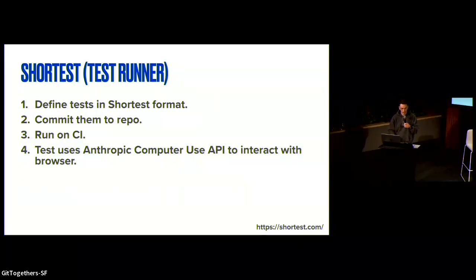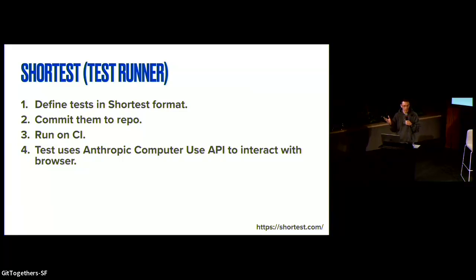So the next project is called Shortest. I think it was fairly popular at some point. And it's a different type. It's a test runner. So you would write some tests in TypeScript in the Shortest format that it expects, and then you would just commit them to the repo, and then you can run them. The way it works is that during the execution, it would use the computer use API from Anthropic to actually interact with the browser.